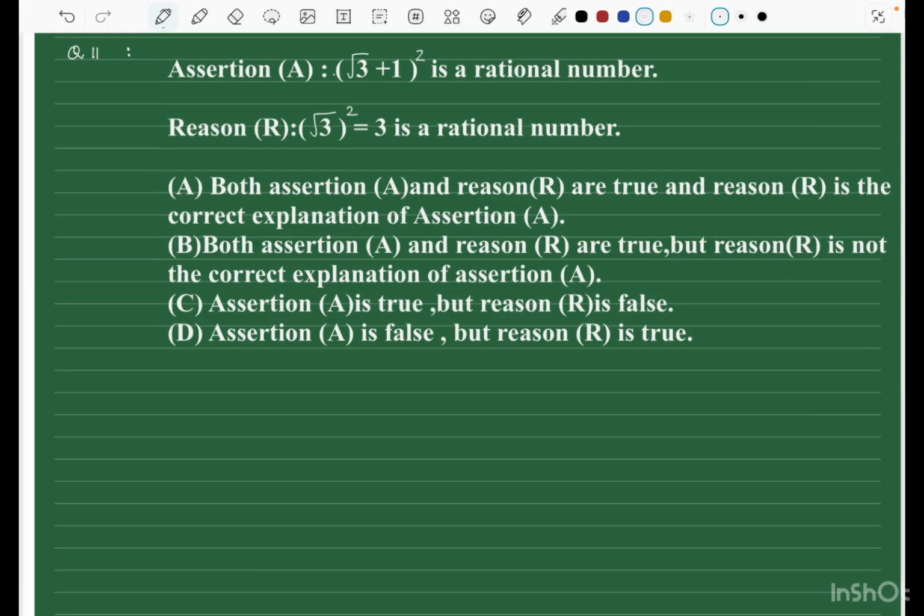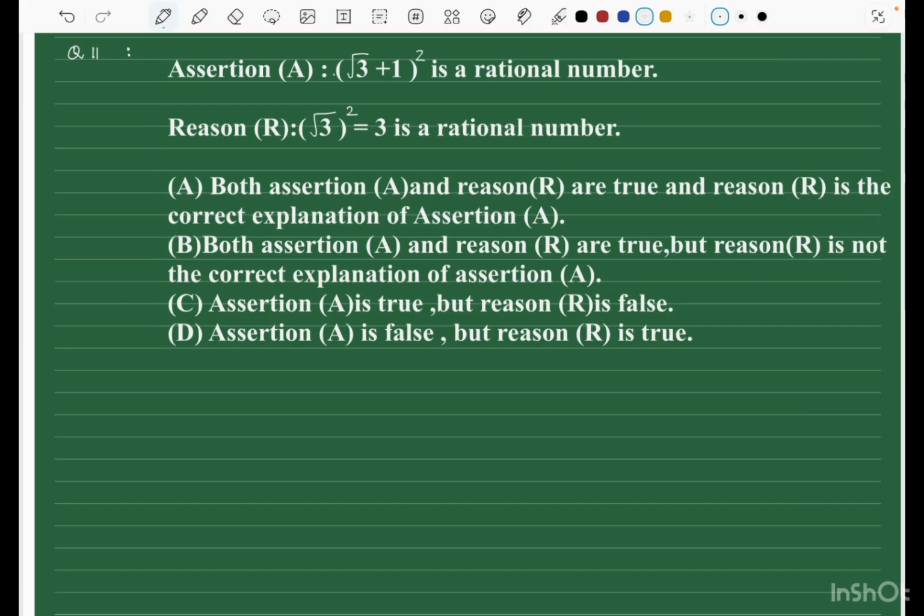Question number 11. Assertion A: root 3 plus 1 all square is a rational number. Reason R: root 3 all square is equal to 3, a rational number.